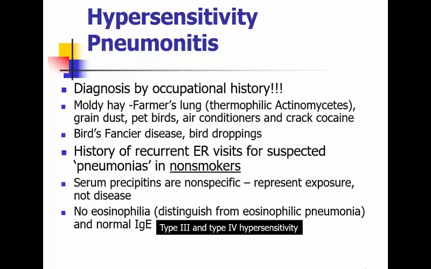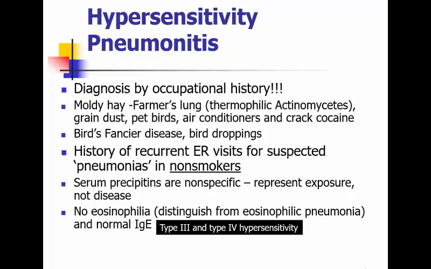The hint on the exam is going to be like moldy hay or thermophilic actinomycetes, which we call farmer's lung, grain dust exposure, pet birds, air conditioners, and even cocaine exposure can cause hypersensitivity pneumonitis. Bird fancier's disease or bird droppings can cause the same condition.